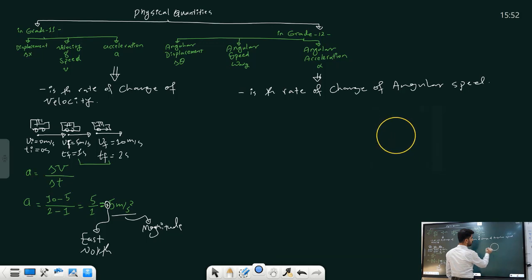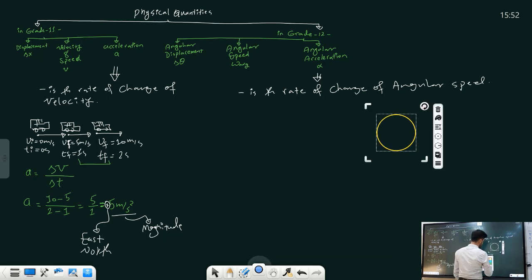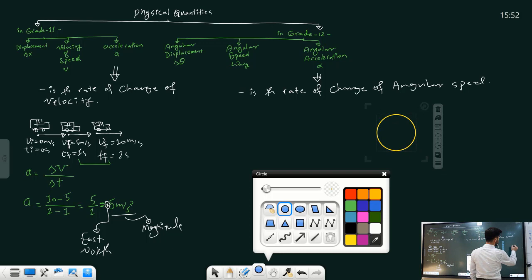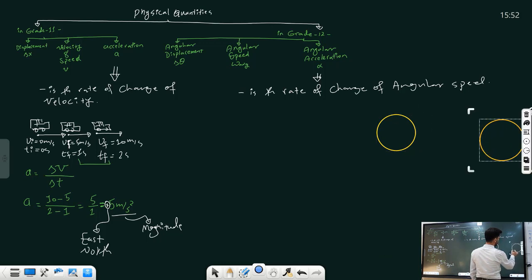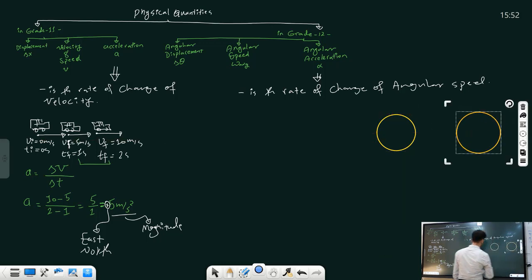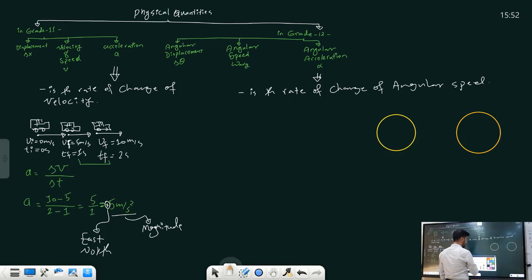We have two bicycles. They travel on circular paths.